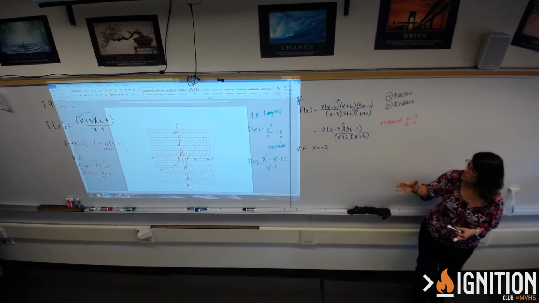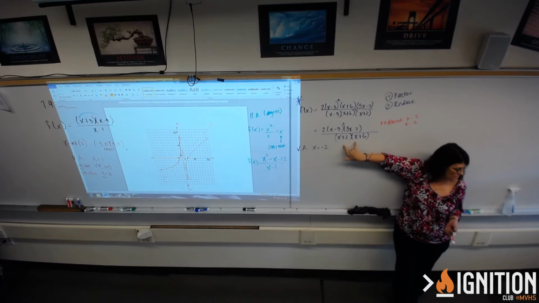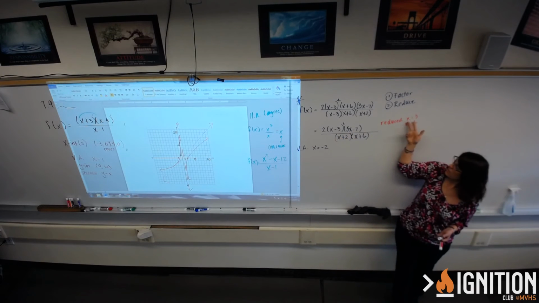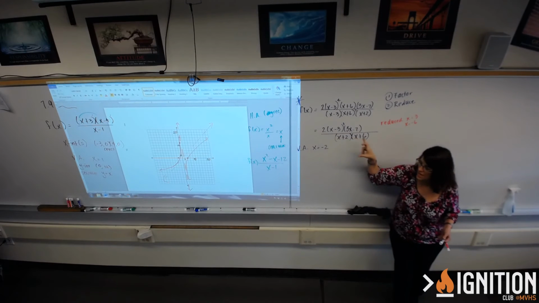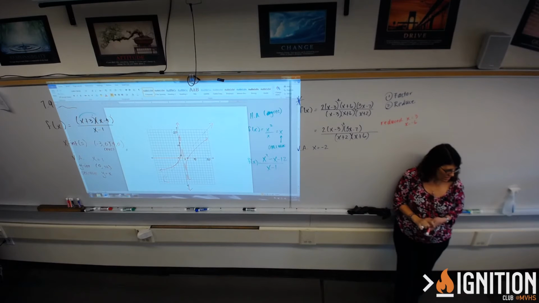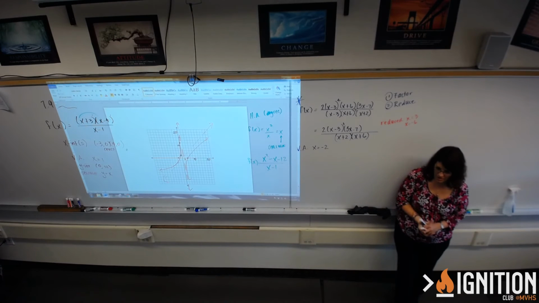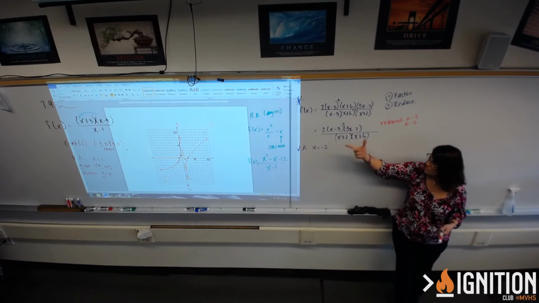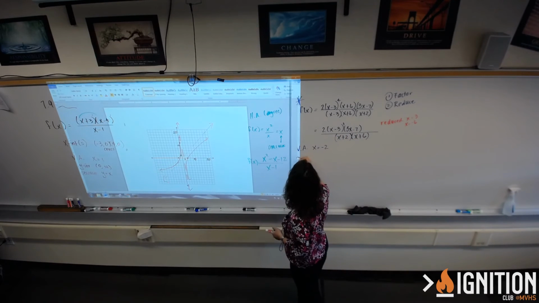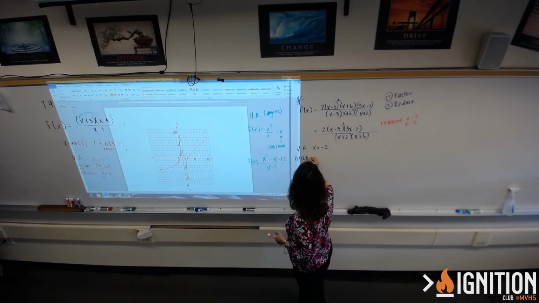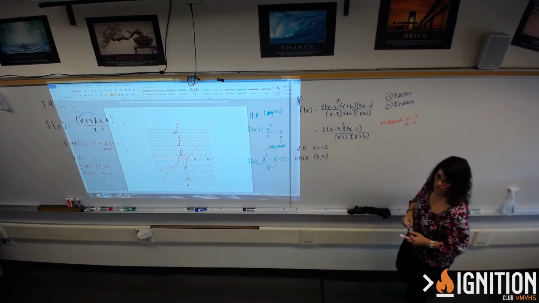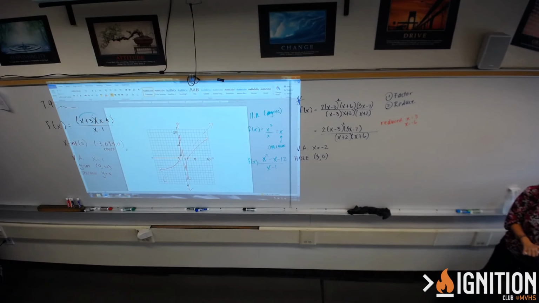You get 0. 0 over 12 or whatever it is, so 0 over 12 is 0. Agreed? So that's an x-intercept. Numerator is 0. Nope. It's a hole. It's a hole on the x-axis. Yeah?